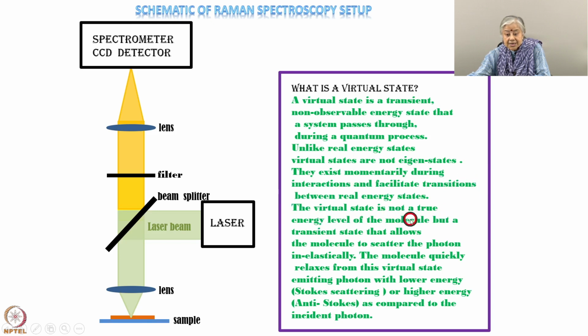The virtual state is not a true energy level of the molecule, but a transient state that allows the molecules to scatter the photon inelastically. The molecule quickly relaxes from the virtual state, emitting a photon with lower energy, which becomes the Stokes scattering, or higher energy, which becomes the anti-Stokes scattering, as compared to the incident photon.